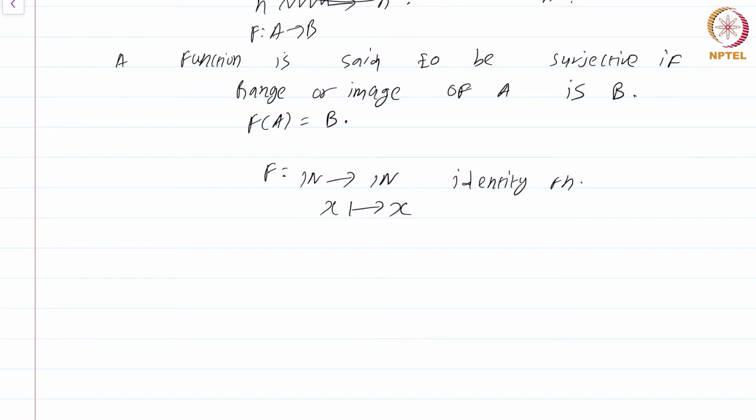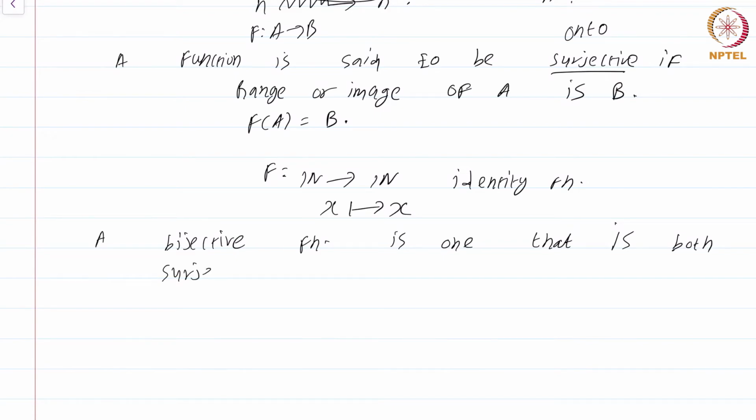Okay. Now a bijective function. One more thing, surjective functions are also called onto functions. A bijective function, as you could have guessed, is one that is both surjective and injective.